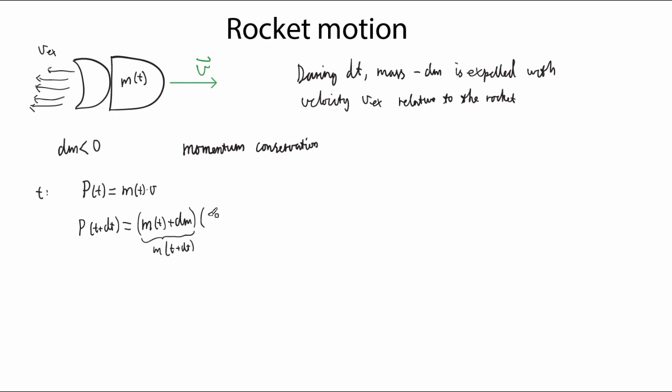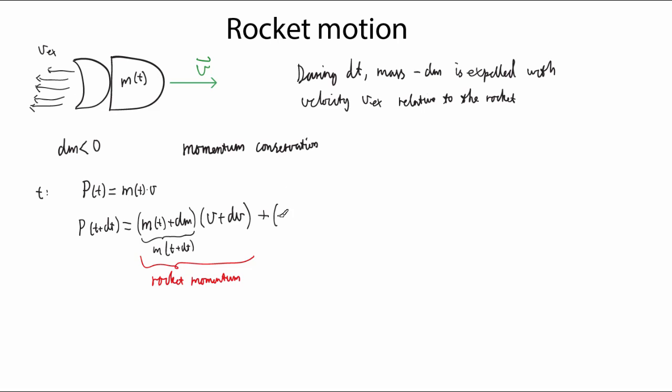And the velocity has changed too, of course. So we now add v plus dv. So this entire thing here is the rocket momentum. Now, in order to be able to apply momentum conservation, we have to add in the momentum of the exhaust. The exhaust is going backwards.